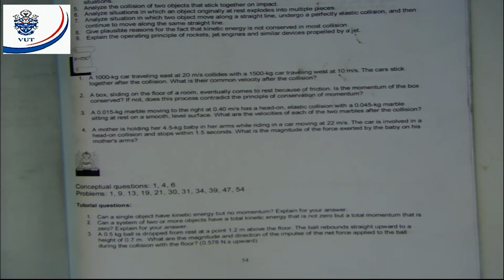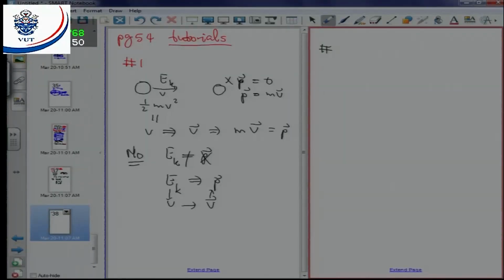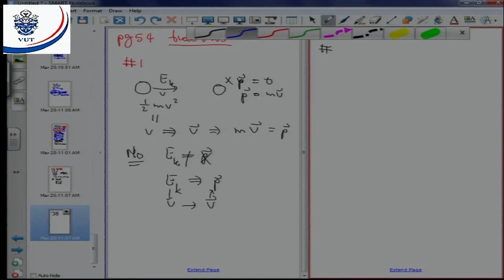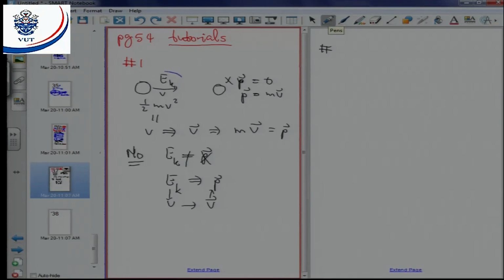Okay, so that's number 1. Just to remind you, if an object has kinetic energy, it means it has speed.